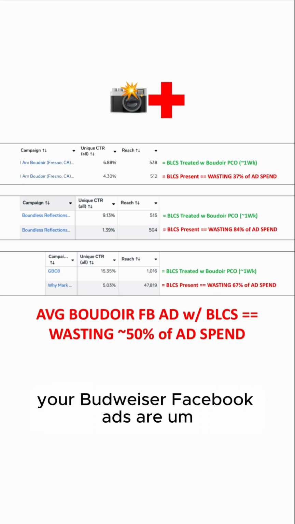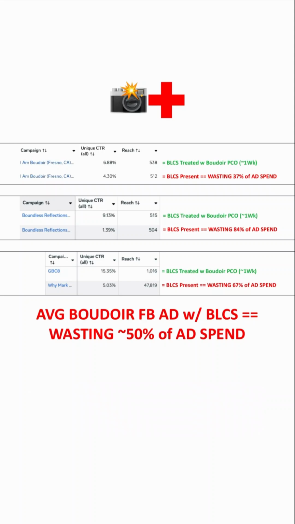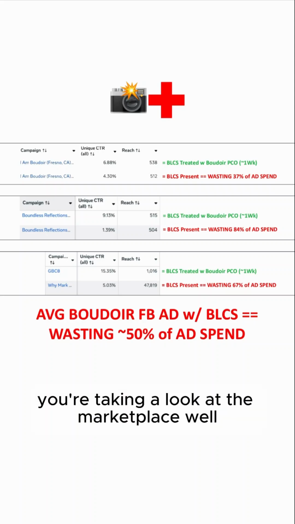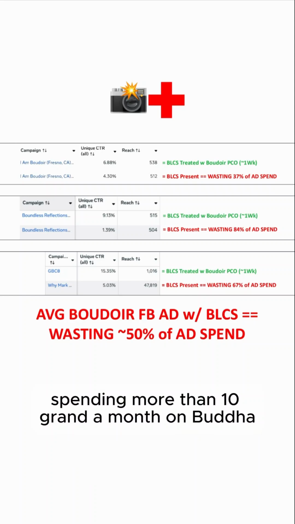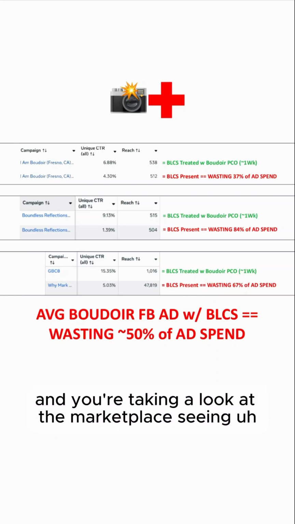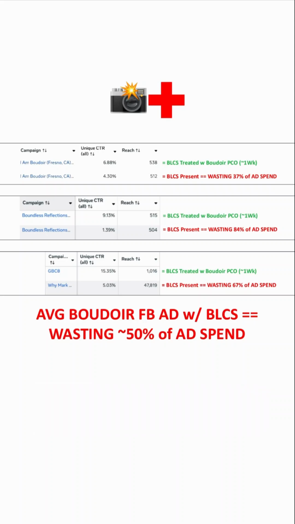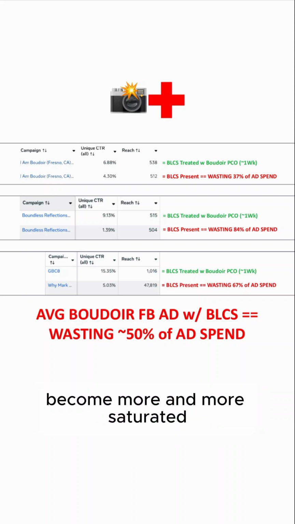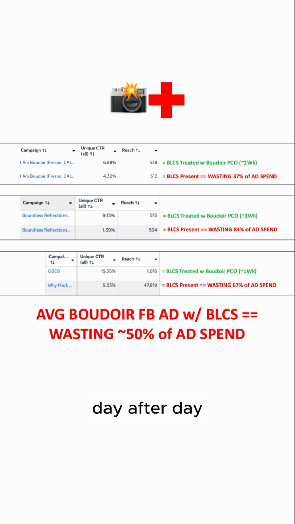So if you're a BLCA, a Boudoir low click advertiser with BLCS, Boudoir low click syndrome, your Boudoir Facebook ads have a unique CTRL under 6%. And you're spending more than 10 grand a month on Boudoir Facebook ads, and you're taking a look at the marketplace, seeing it's become more and more saturated with more and more boudoir photographers day after day.